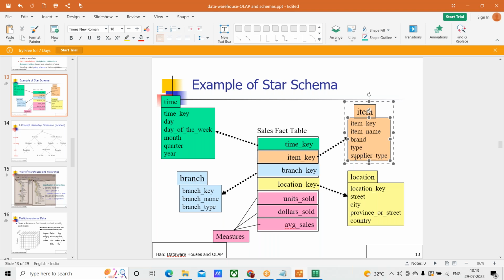Since dimensions tend to change over time, take location, for example a state. State names also get changed, right? Andhra Pradesh was divided into Telangana, and the Telangana state came. Similarly, take a company name.